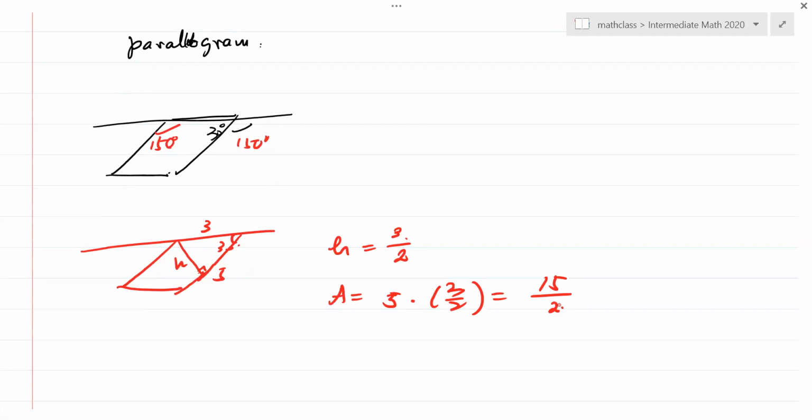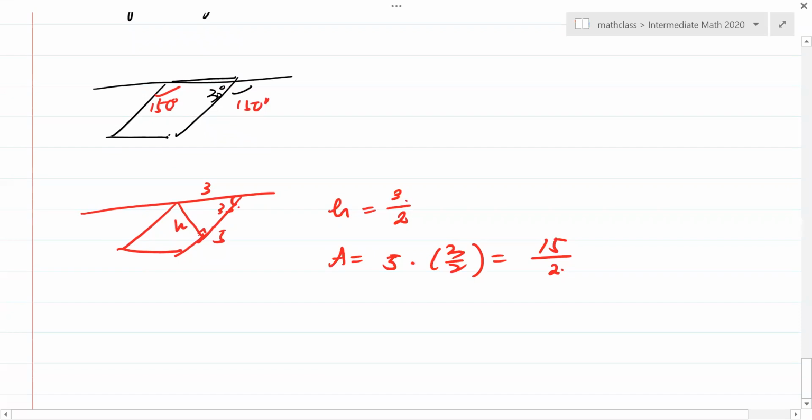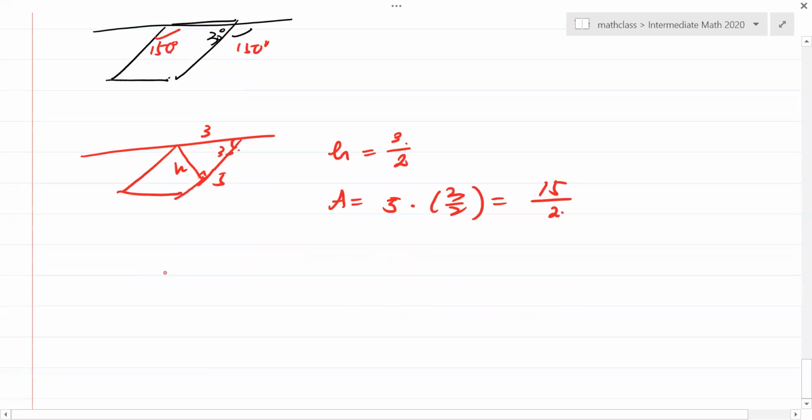You say square root 3. I don't have a square root 3 here. So for a parallelogram, if this is the base and this is the height h, the area is going to be base times h.